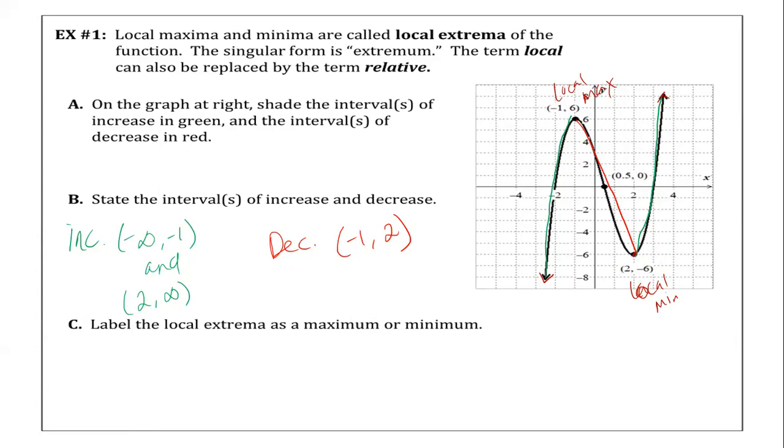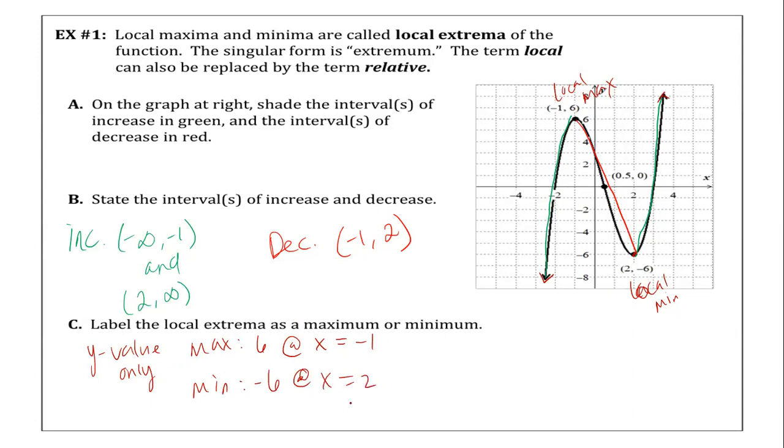When you are writing out your local max and min, if a problem says label your local max and min, or what is your local max and min, it's asking for the y value only. So we would say our max is 6 at x equals -1, and our min is at x equals 2.